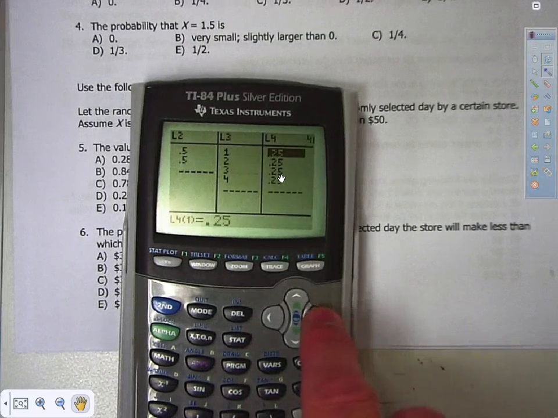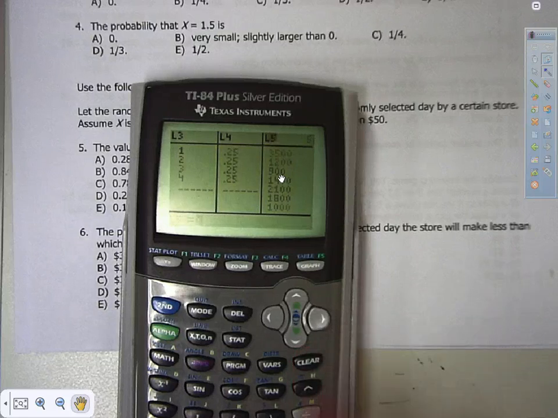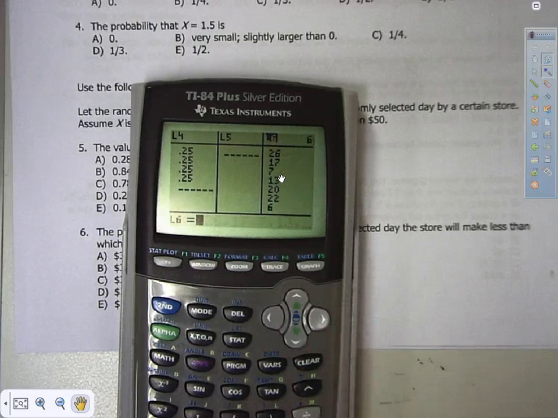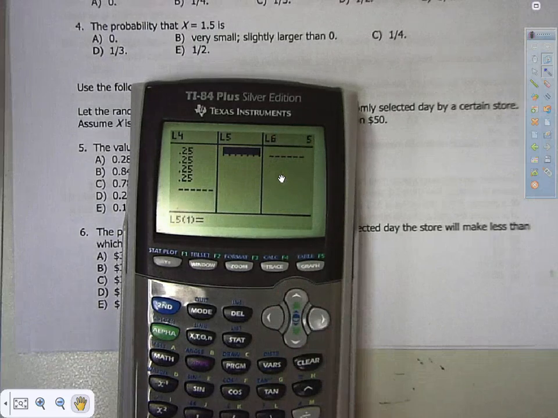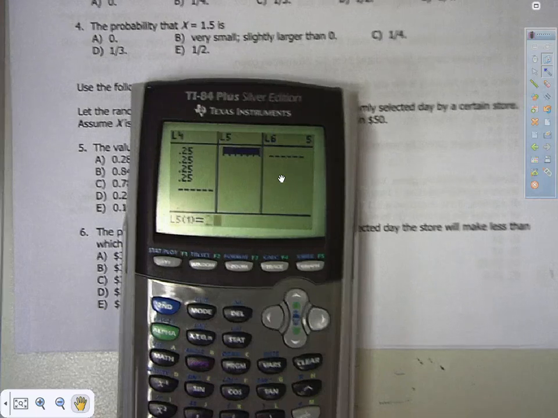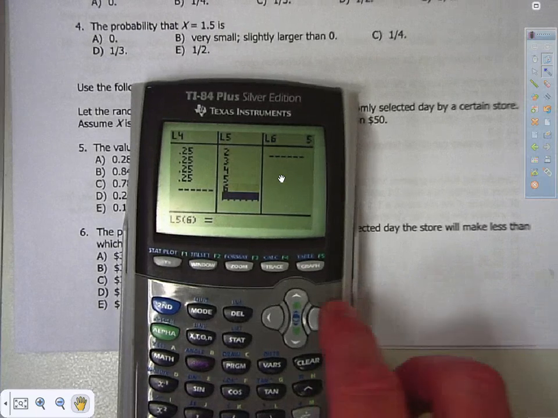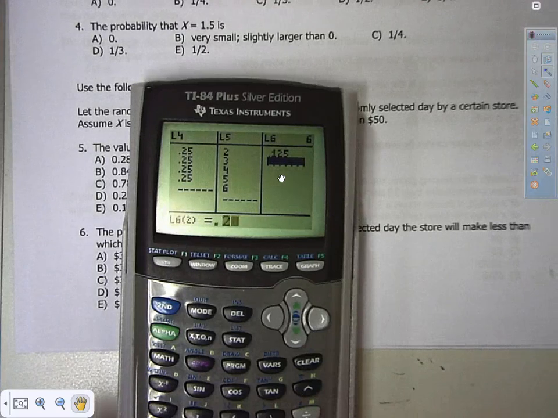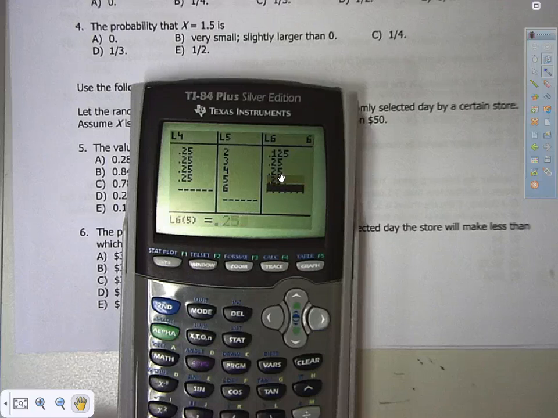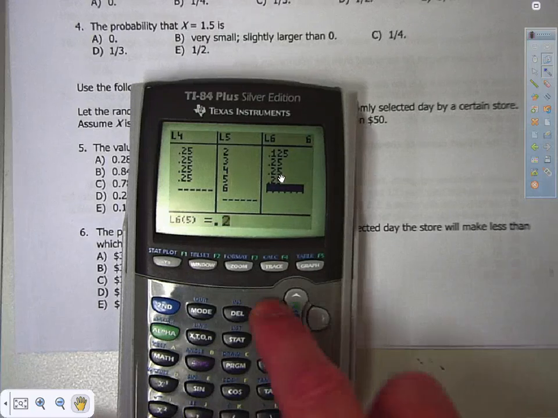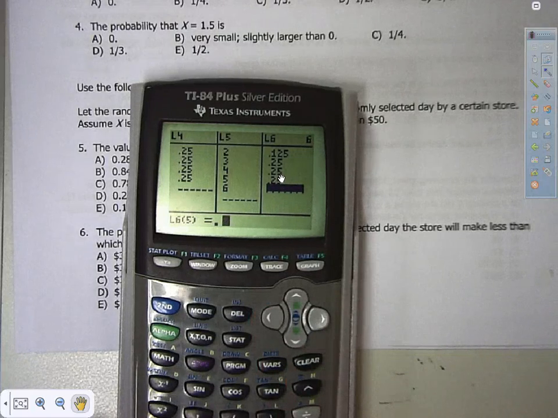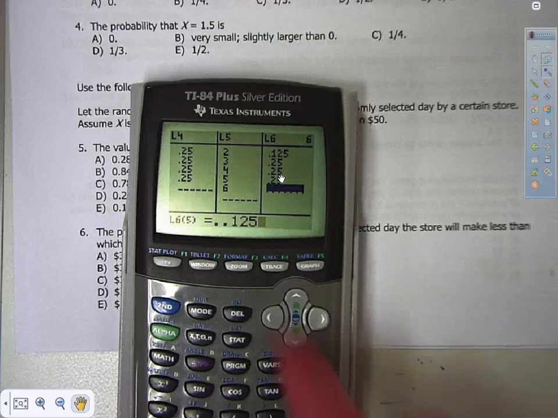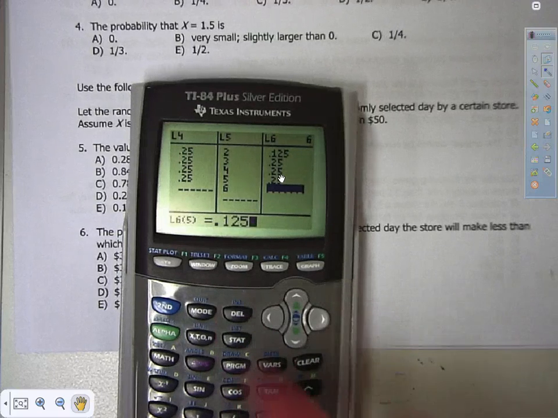So I'm going to use 5 and 6. I could get a sum of 2, 3, 4, 5, 6. The probabilities are as follows: 1/8, 1/4, 1/4, 1/4, 1/8 for 6. So 0.125.